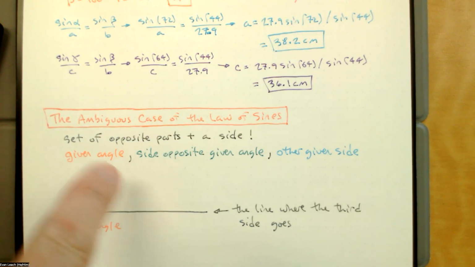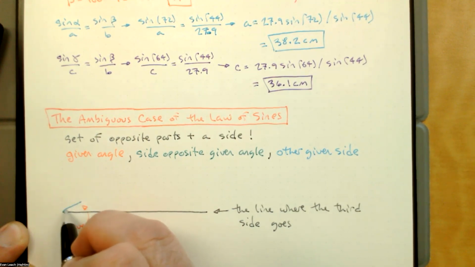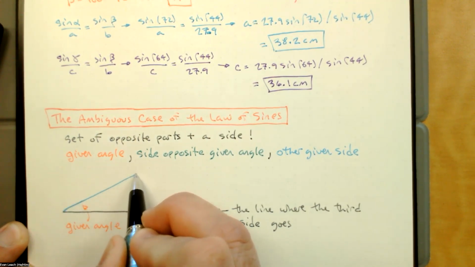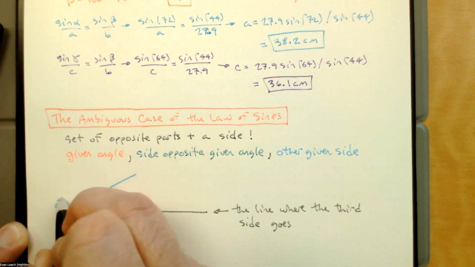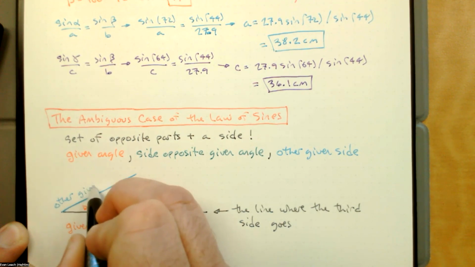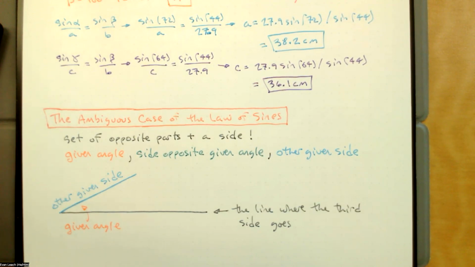That means over here somewhere is going to be the side opposite the given angle. So up here is where we're going to draw the other given side. The side opposite the given angle has to connect the other given side to the line where the third side goes.